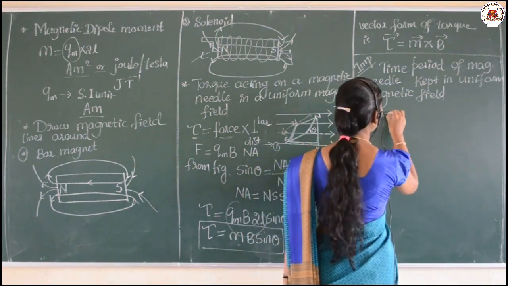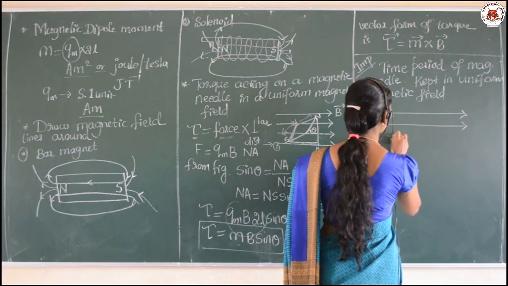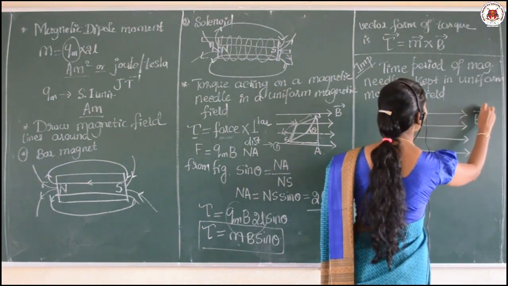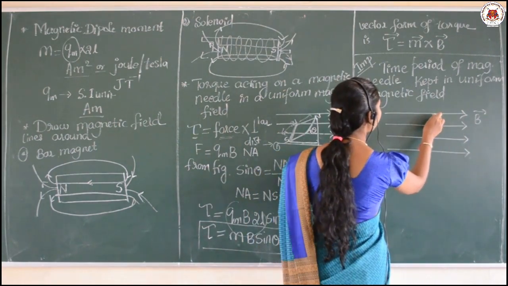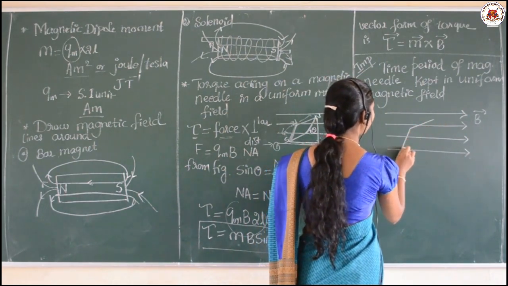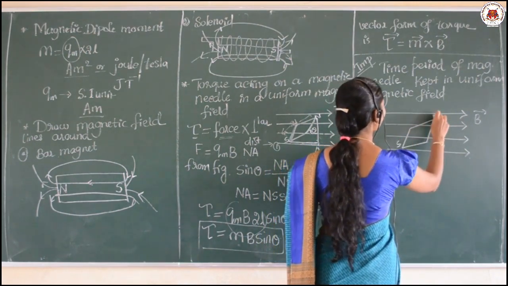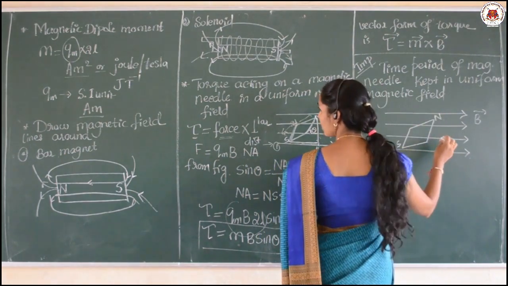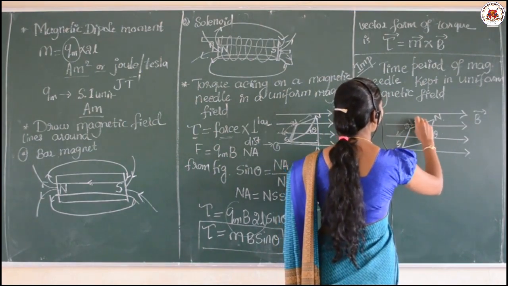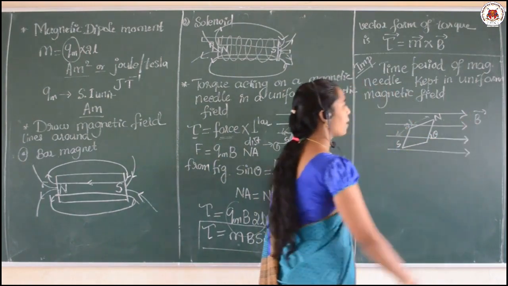Same diagram I use here. Consider a uniform magnetic field B, and a needle kept in the magnetic field which is having a length of 2L and makes an angle theta with the direction of the magnetic field.